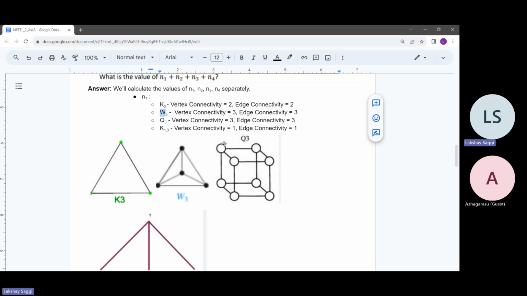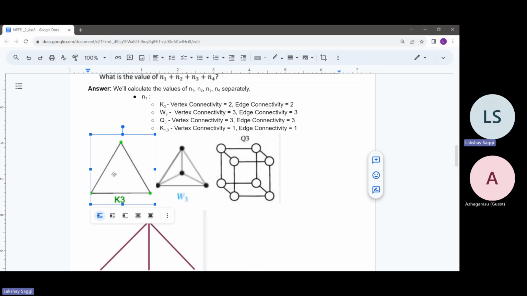So this is the Q3 graph, and this is the W3 graph, like a triangle with a vertex in the middle, which has 3 edges to all the corners of the triangle. So I hope this resolves your query, Azhar. This is the definition for Q3 and W3 and so on.